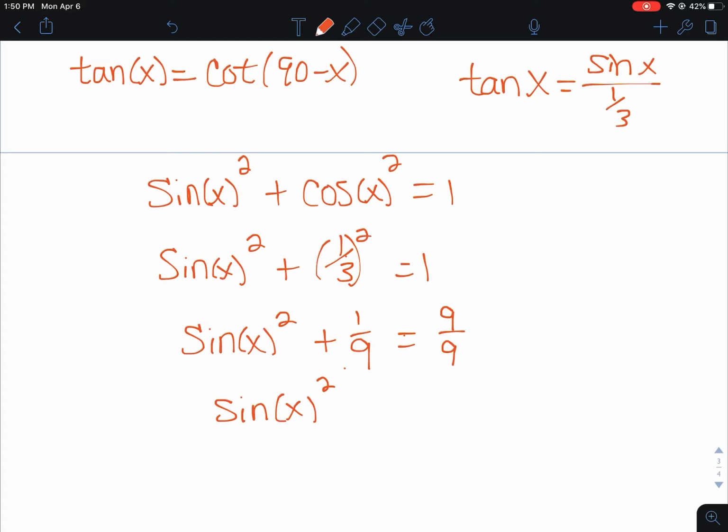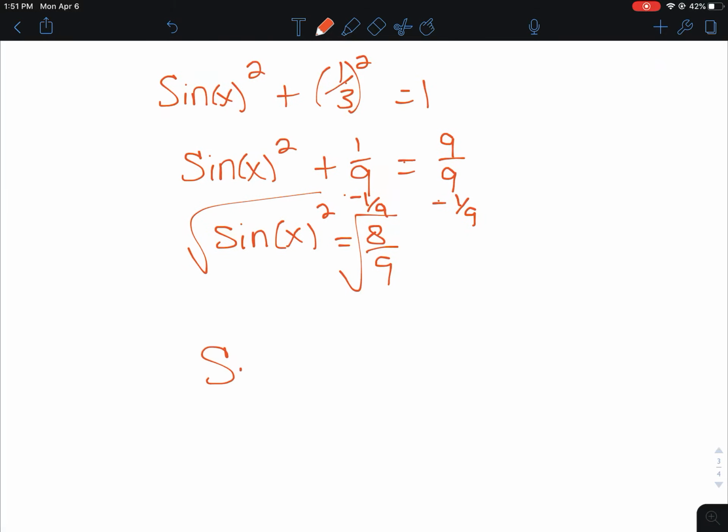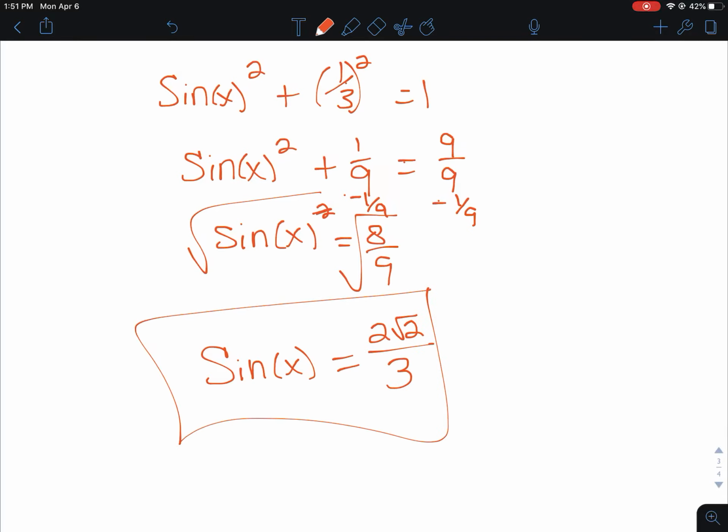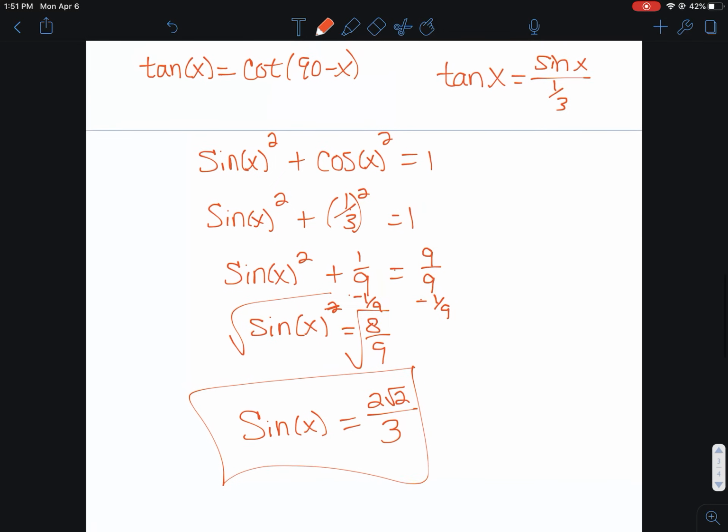So here we get sine of x squared, and if I take away 1/9 from both sides, I get that it's equal to 8/9. And then take the square root, and we get the sine of x, that just canceled out the power of 2. Square root of 8 is 2 square roots of 2, and the square root of 9 is 3.